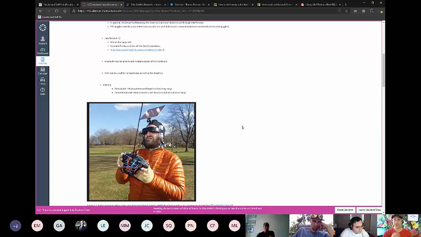I love this image of this dude flying probably his racing quad in the park, but he's got a set of FPV goggles on. This image conjures a couple of examples that I've talked about already today. One is that our command and control, our C2, is going to be on a different radio link than our video, right?